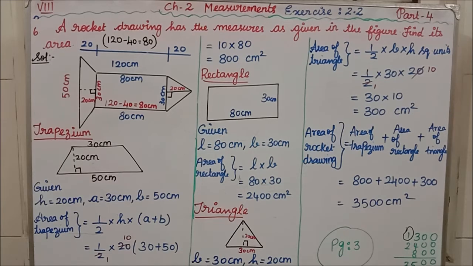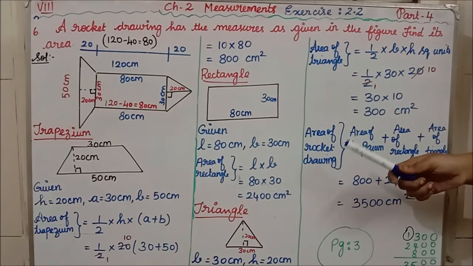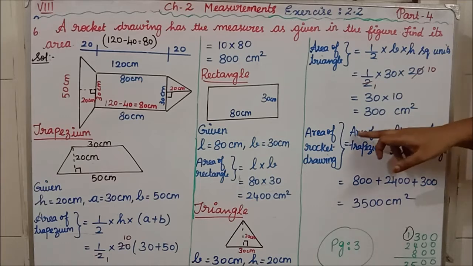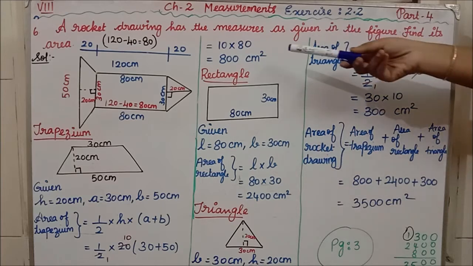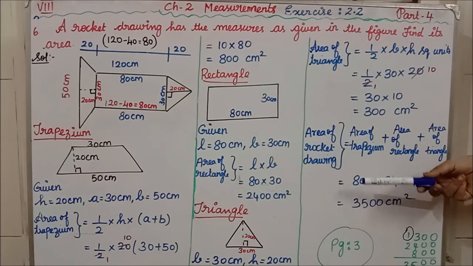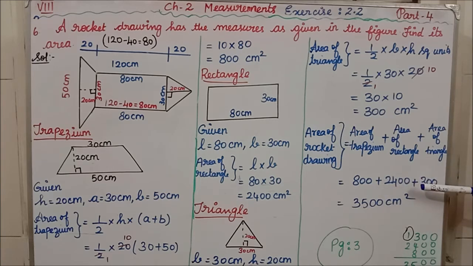Clear? See how I have written. Area of rocket drawing is equal to area of trapezium plus area of rectangle plus area of triangle. Can you understand? Area of trapezium answer we got is 800. Area of rectangle answer is 2400. Area of triangle answer is 300.